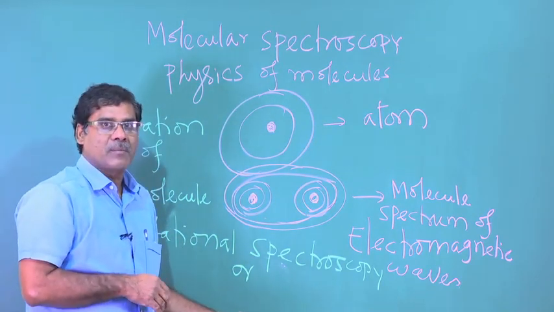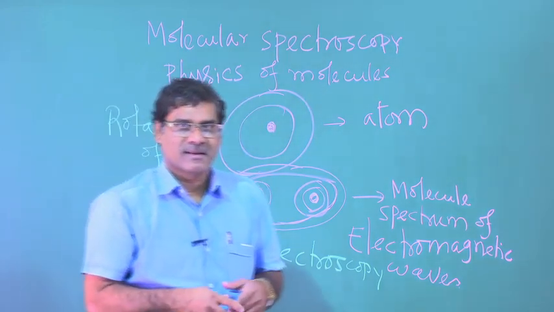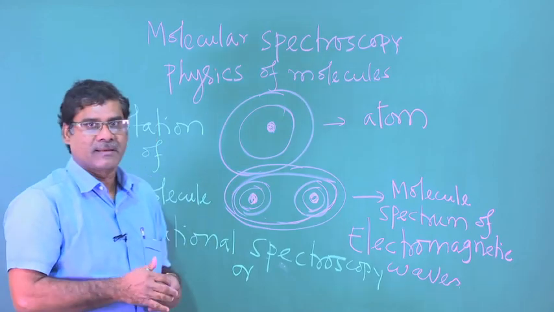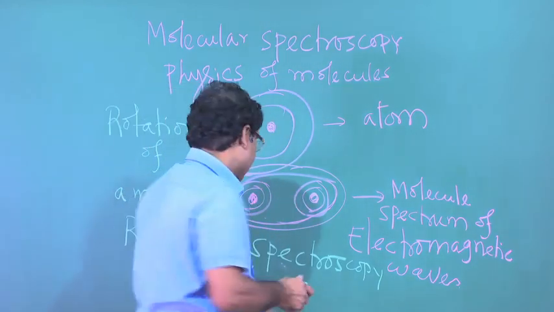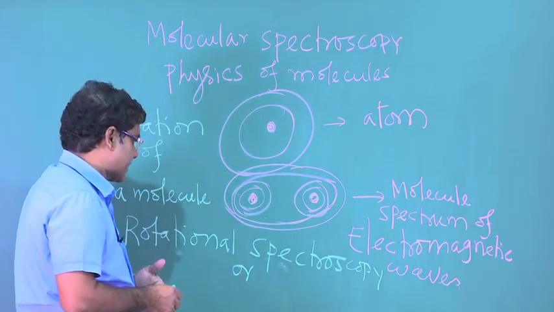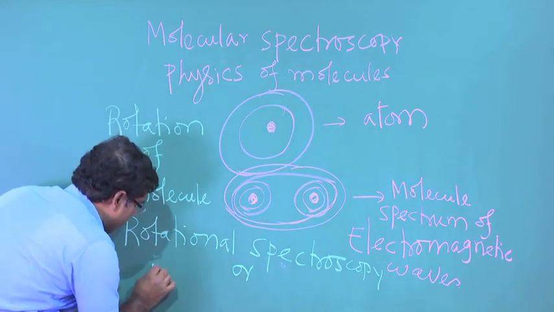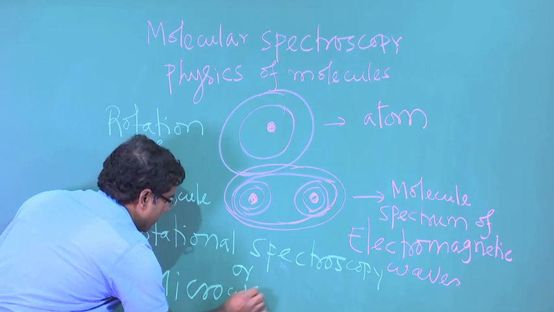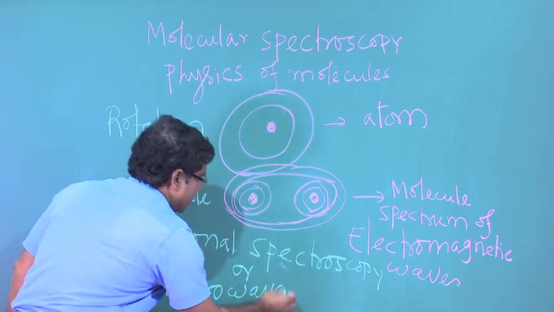Why it is called microwave spectroscopy, you understand. That is why I described the range of electromagnetic radiation. So this is also called microwave spectroscopy.